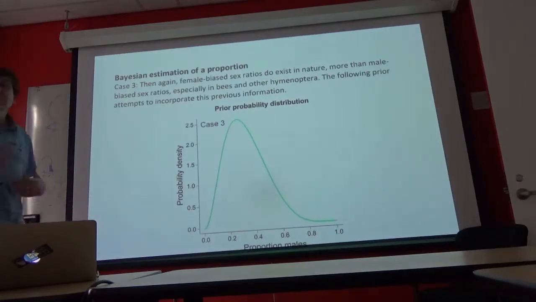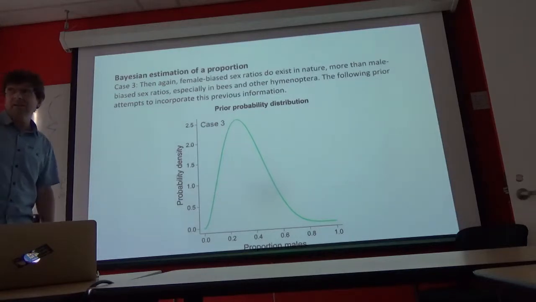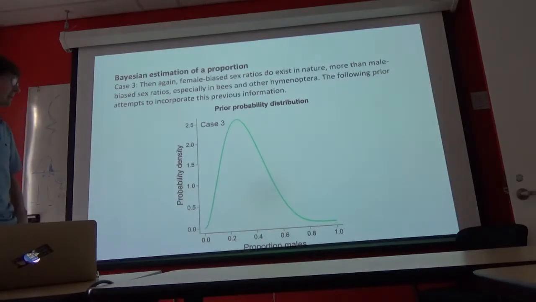Well, I forgot to tell you one thing about bees, and that is that typically sex ratios of bees are female biased. There's a wealth of data out there, and in fact there's theory based on kin selection that indicates why this expectation is sound.